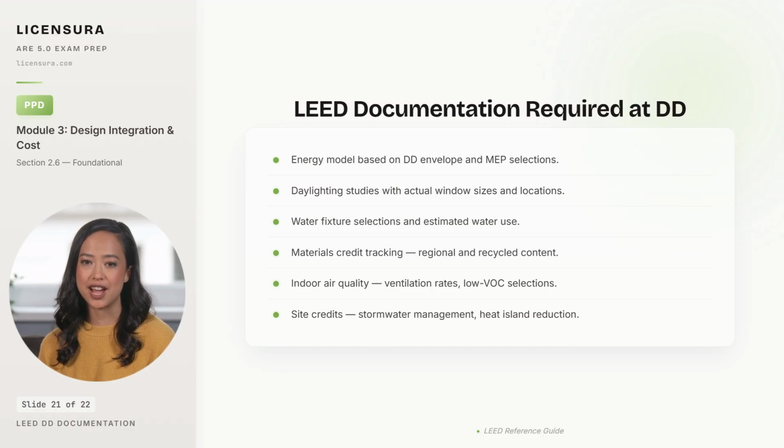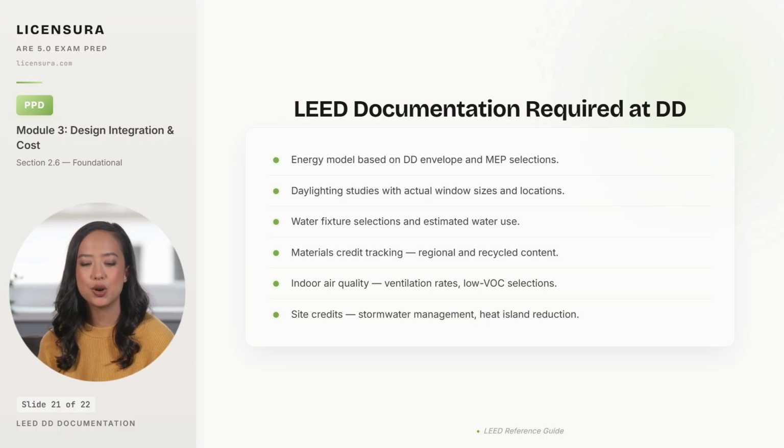Indoor air quality strategies: ventilation rates that meet ASHRAE 62.1, and low VOC product selections must be confirmed at DD against the actual specifications. And site credits for stormwater management and heat island reduction must be verified against the DD site plan, because changes to the site plan at CDs can quietly invalidate credits the owner is counting on.